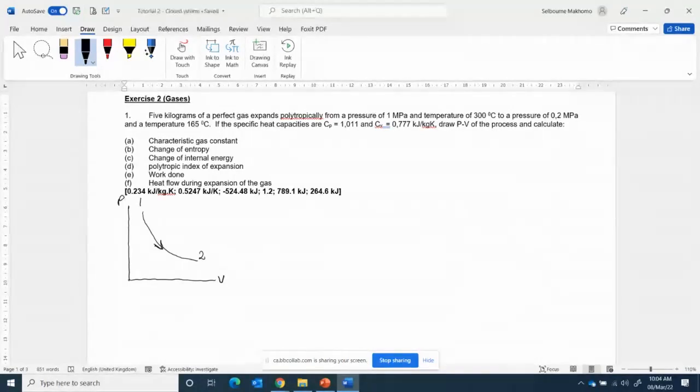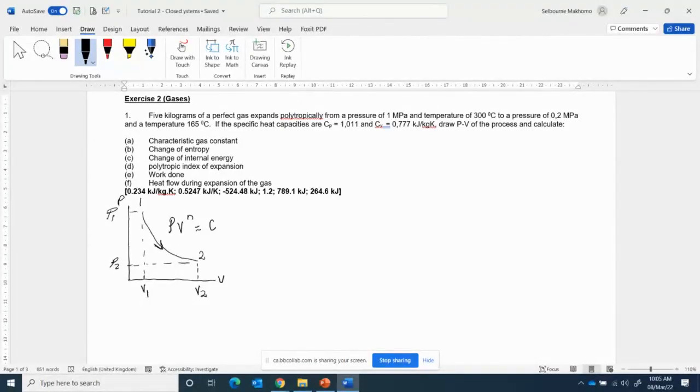And the name of the curve is polytropic process, PV^n is equal to C, where you have V2 and V1, and P1 and P2. So the sketch now is complete, and now we write down our data.